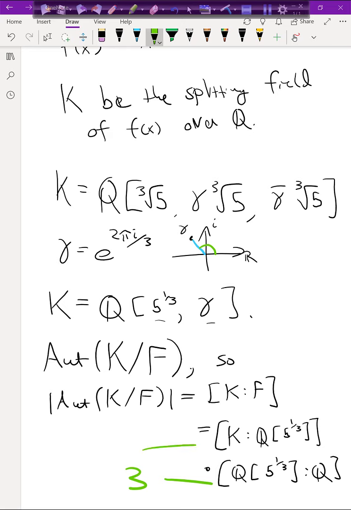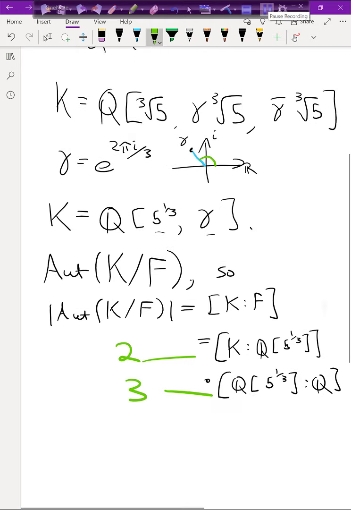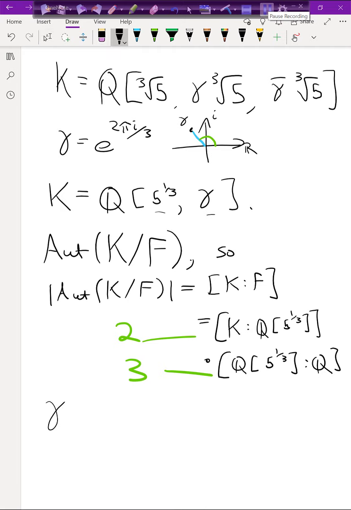And this one right here, if we think about it just a little bit, has to be degree 2. The reason is that gamma is a root of x cubed minus 1, and that's x minus 1 times x squared plus x plus 1.